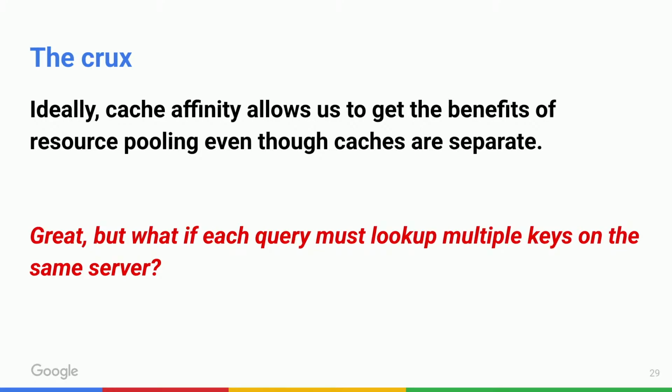Okay, and so the crux here is sort of what I said in that example before. Ideally, cache affinity allows you to get the benefits of resource pooling even though your cache is distributed. This is different though, because search queries, not many people issue one-word search queries. Actually, plenty of people do, but most interesting search queries are more than one word.